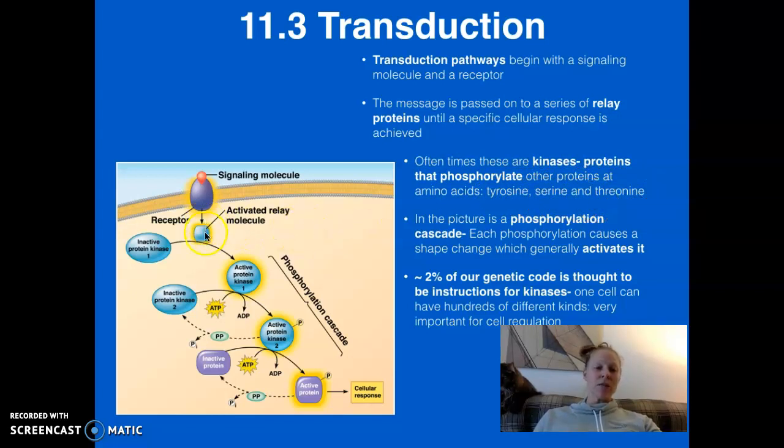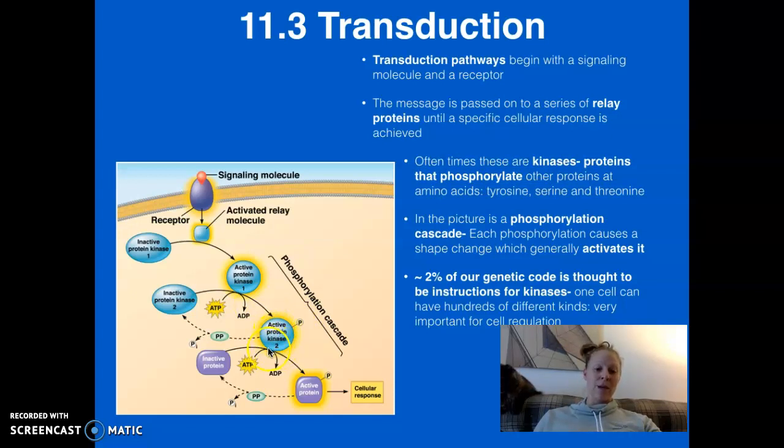And so if we follow this along, we can see that the relay molecule has been activated. And what it's going to do is activate this protein kinase. This protein kinase is going to take the phosphate from this ATP, turning it into an ADP, and it's going to activate this second protein by giving it a phosphate, either on the tyrosine, the serine, or the threonine.